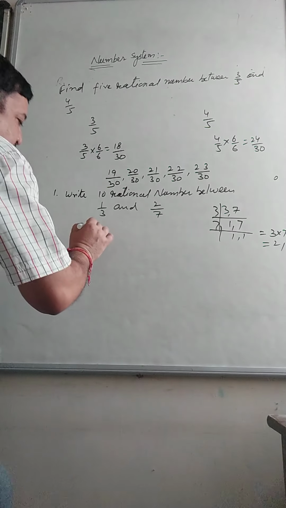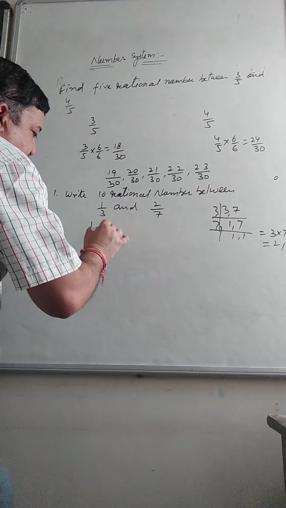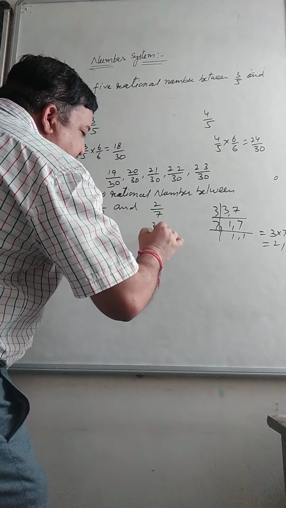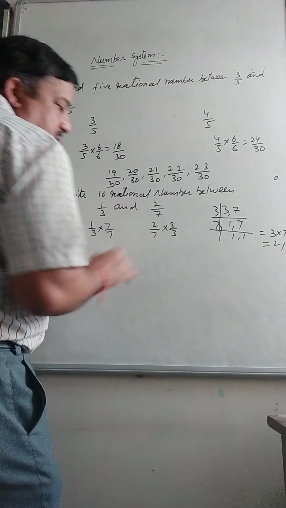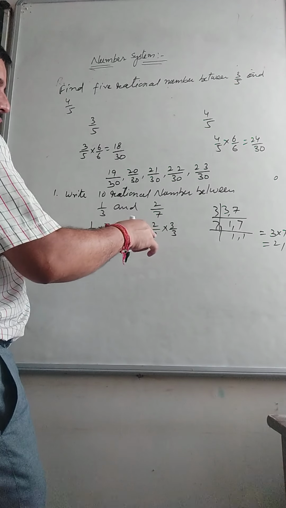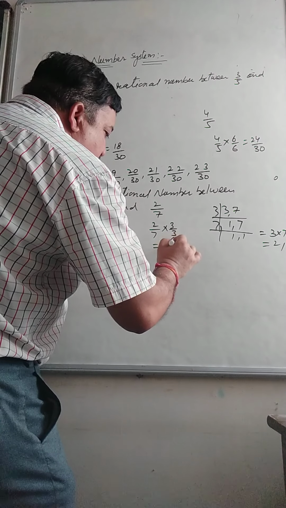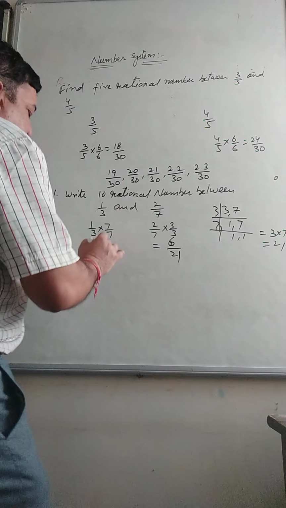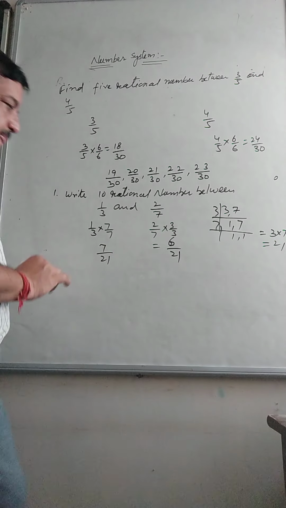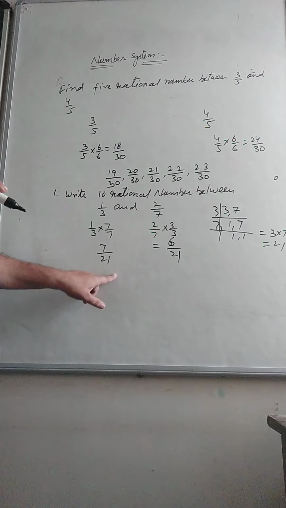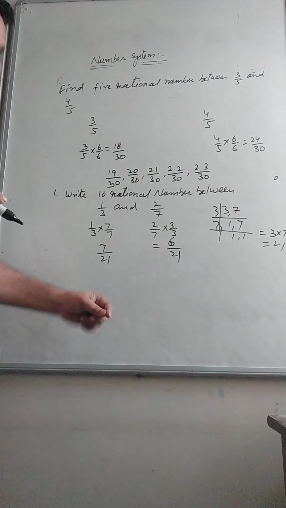So 1 upon 3 can be written as 1 upon 3 into 7 upon 7, which is 7 upon 21, and 2 upon 7 can be written as 2 upon 7 into 3 upon 3, which is 6 upon 21.